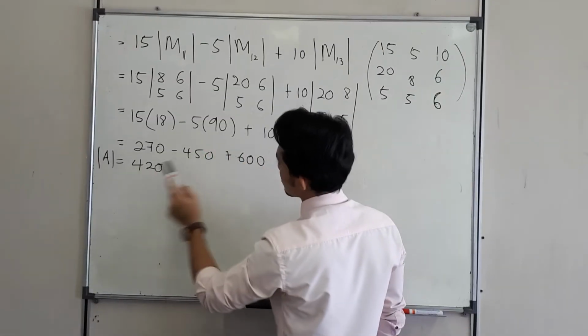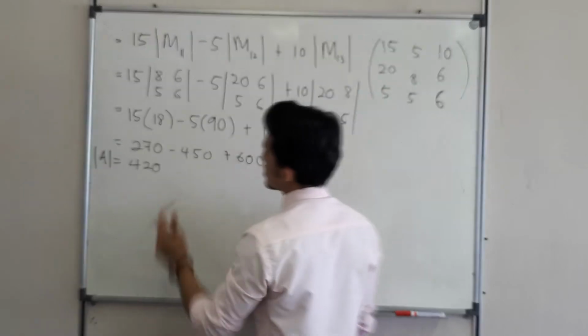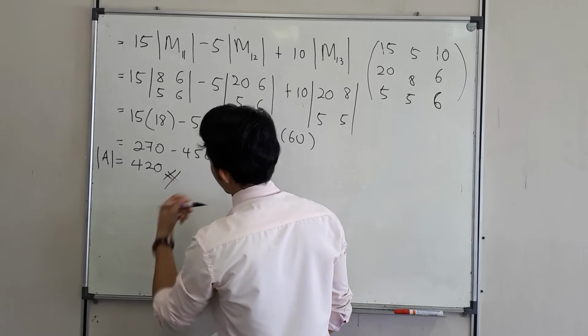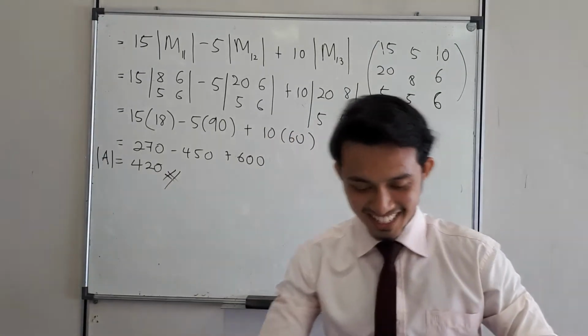Calculator, then you get this. Then you get A determinant is 400 and 420.